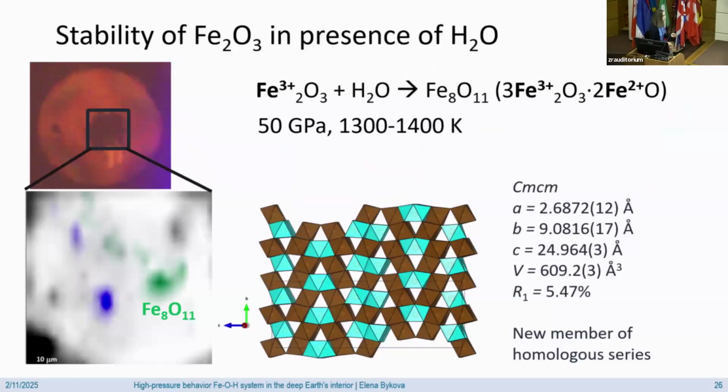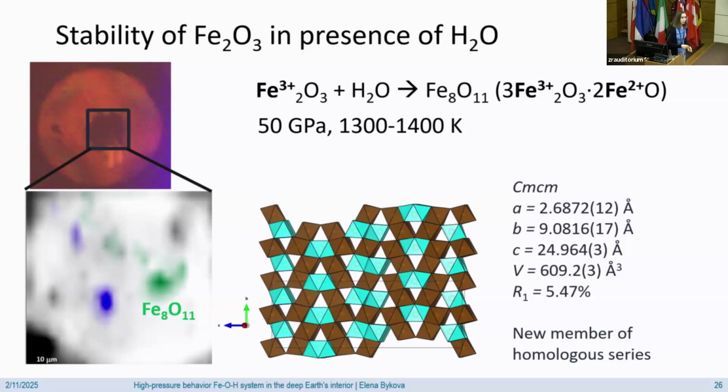And that's why we decided to perform experiments on synthesizing hydrous materials in water-rich environments. We just took simple anhydrous iron oxide in water and tried to see whether we can synthesize hydrous material. You can synthesize it by decomposition of the hydroxide, or from pure iron and water.